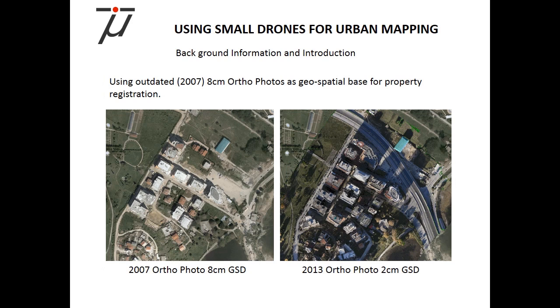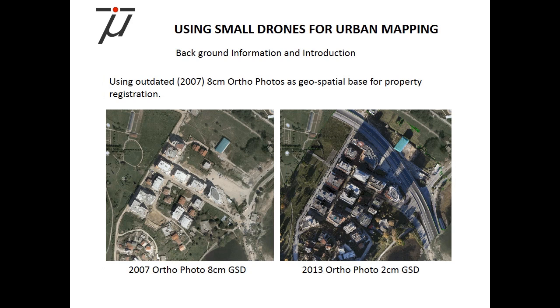Since 2007, they were given a countrywide coverage of orthophotos, in the urban areas at 8 centimeter resolution, which is rather high, and in the rural areas, I think, 30 centimeter. They are supposed to use that orthophoto to perpetuate this property registration business. It's just to show you why it's necessary that they get their data not only improved in quality, but also updated.